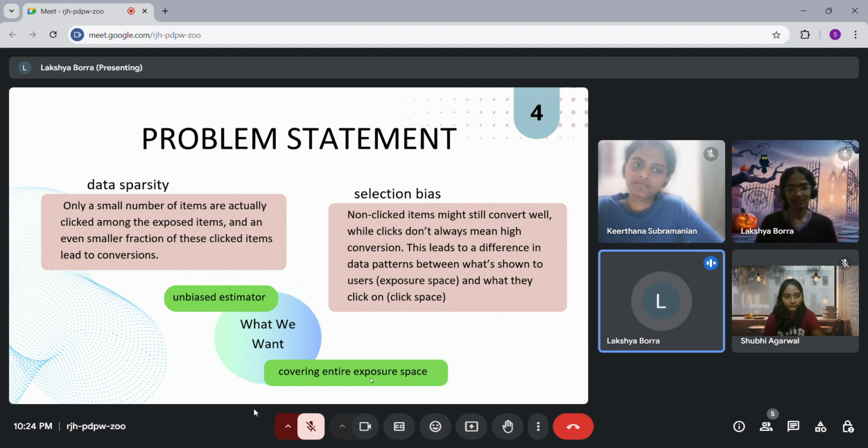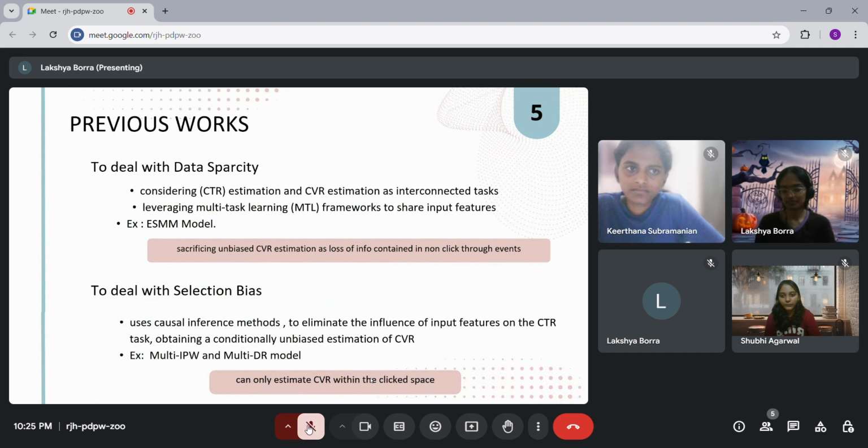So what we want is to build a model which is an unbiased estimator. It should not show any selection bias, and it should also cover the entire exposure space. All the items should be covered.